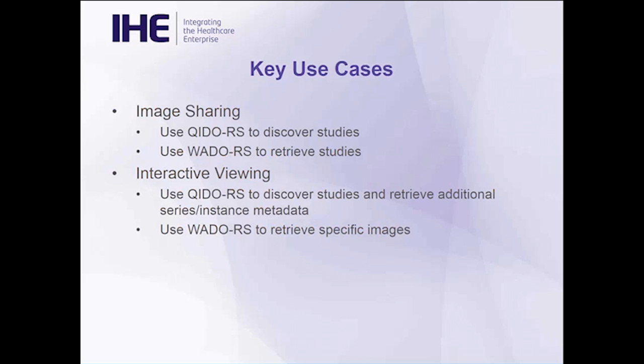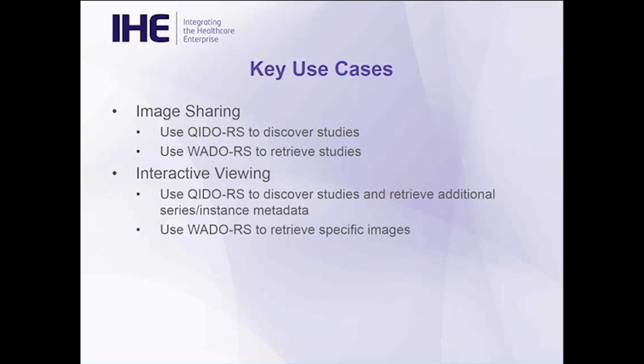For example, with QIDO-RS, you can interactively get more study or series metadata at the series and instance level that allows your viewer to have a better determination of which images to retrieve, the order, and the priorities of the images to retrieve. That helps viewer implementation significantly.